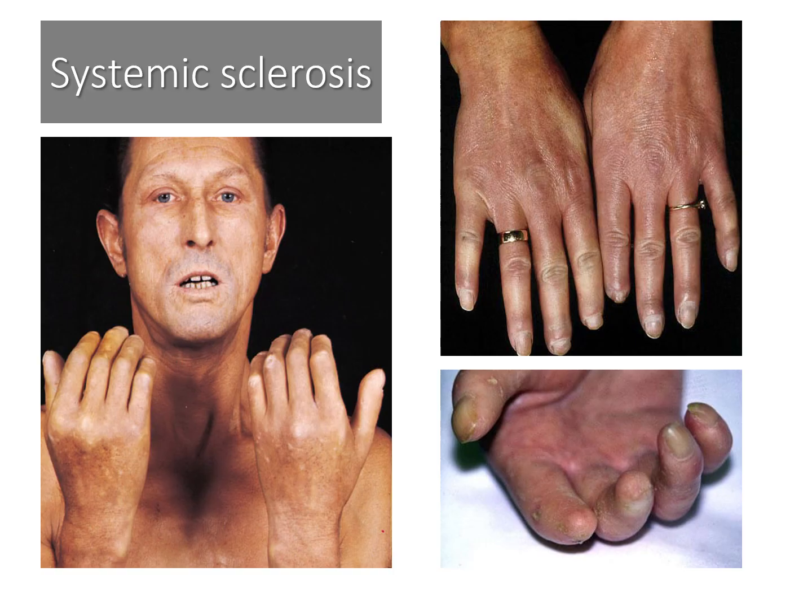So in this slide, you can see the typical skin changes. So namely on the face, the beaked nose, there is tightening of the mouth with a very tight opening. You will see furrowing around the mouth as well.